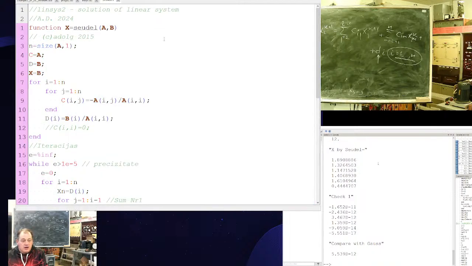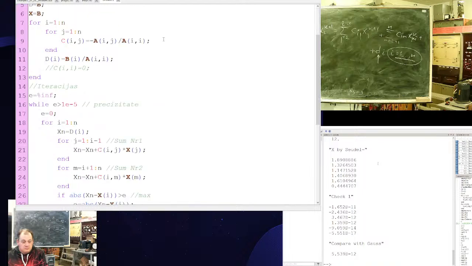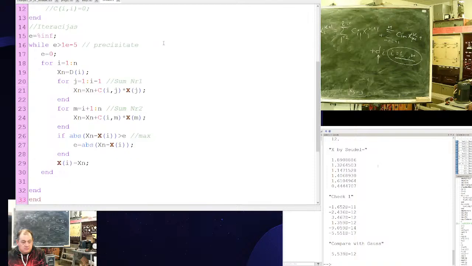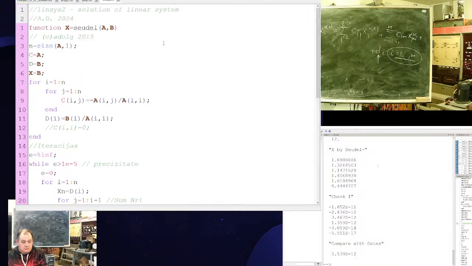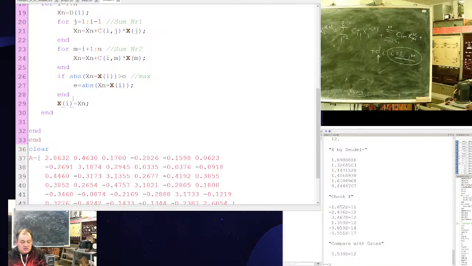I can declare my own function. It's the same code, but see how I encapsulated. Function x equals Seidel from a and b. Inside the same stuff.